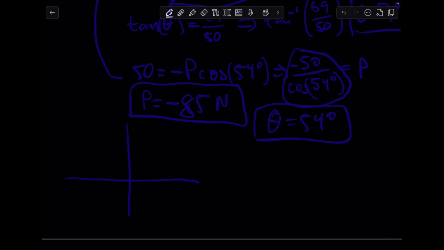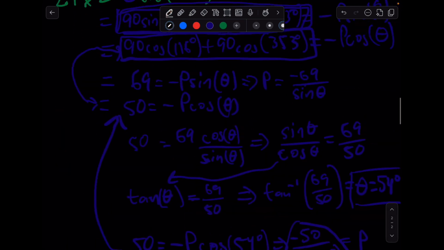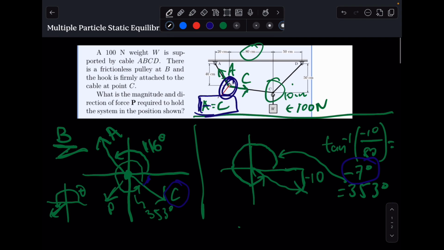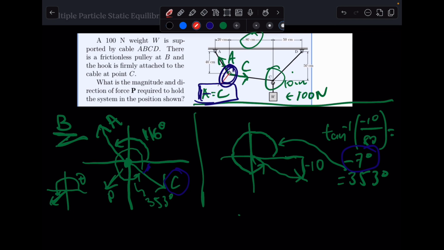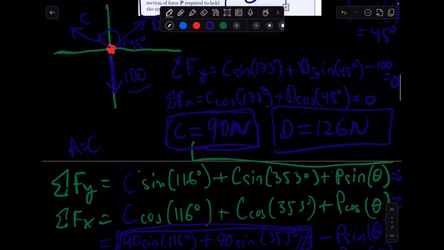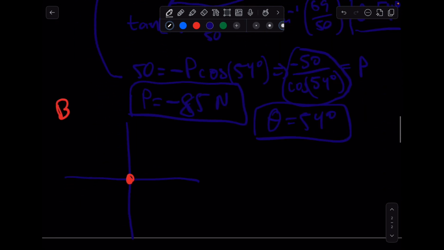So right here, we have our particle B. And if we look back at our original free body diagram, we assumed the direction of this was this way, correct? But at the end of the day, it doesn't matter what we assume because the math is going to work out. So what our answer is telling us here, negative 85 newtons, means that, okay, imagine we have 54 degrees.